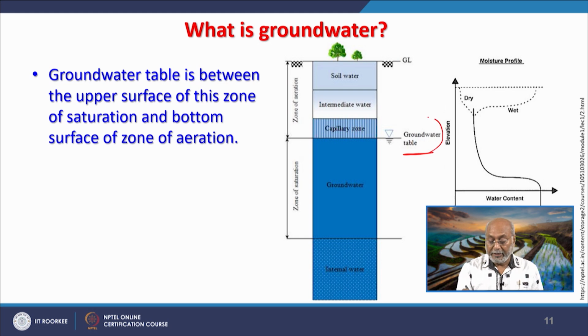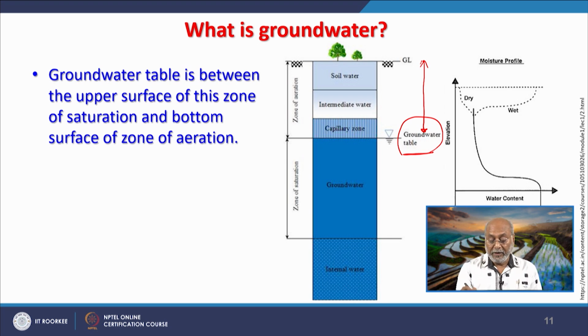It is also shown here as the water table, the groundwater table. So, this is the upper part of the groundwater surface and this is the lower part, mentioned from the top, above the zone of saturation and at the bottom part of the zone of aeration.